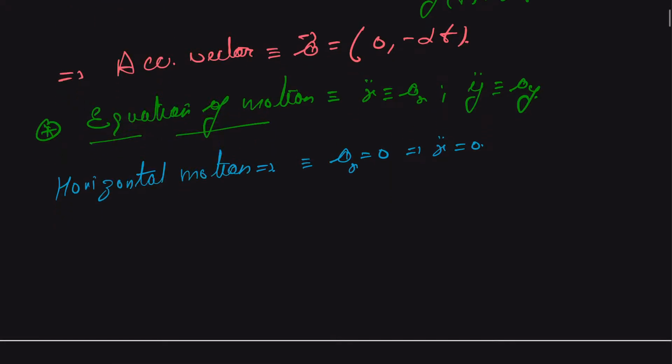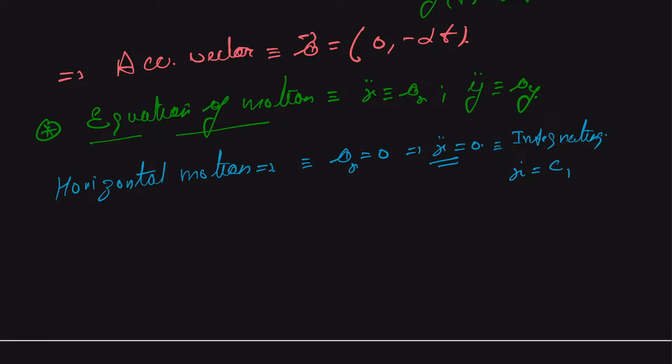If we integrate this once, we are going to get x dot equal to c1, that is our constant.